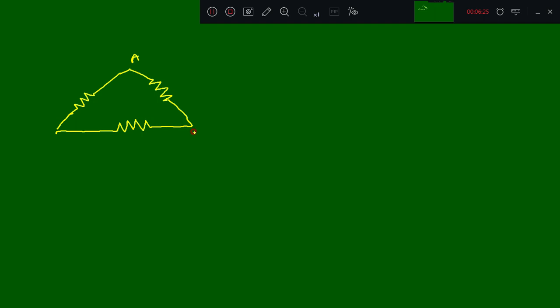This is A, B, this is 1.74 ohms, 1.74 ohms, this is 1.74 ohms.